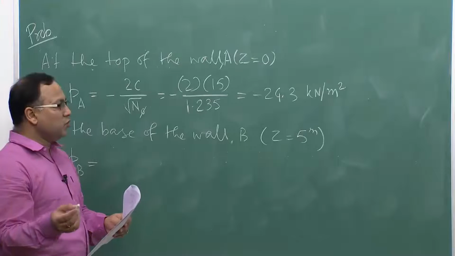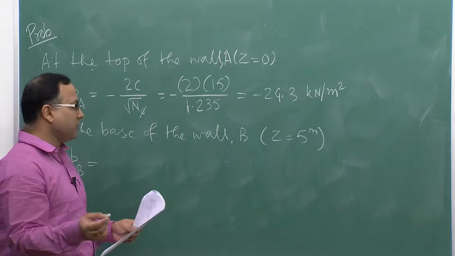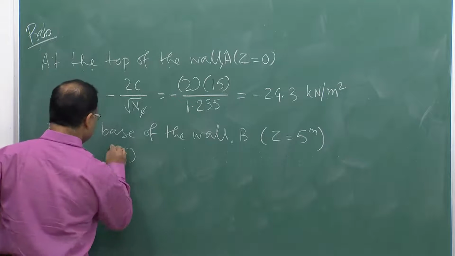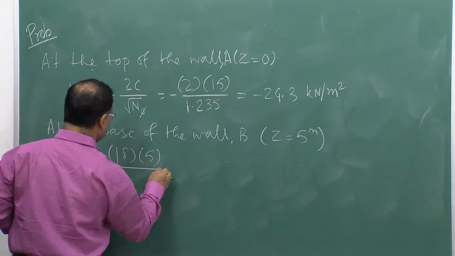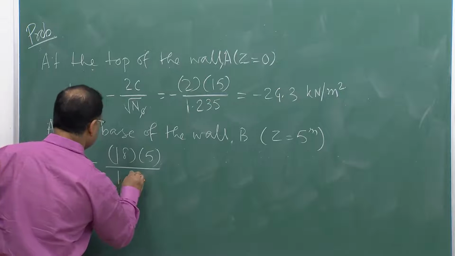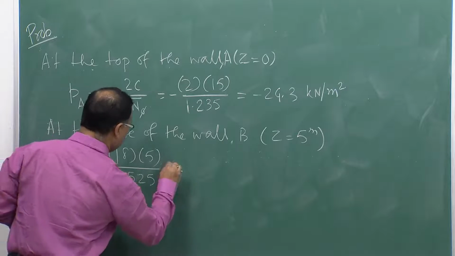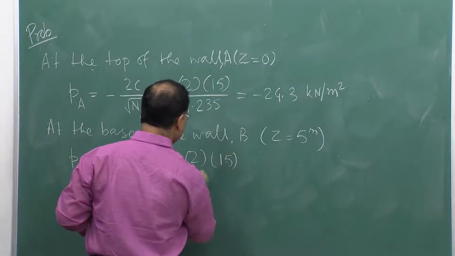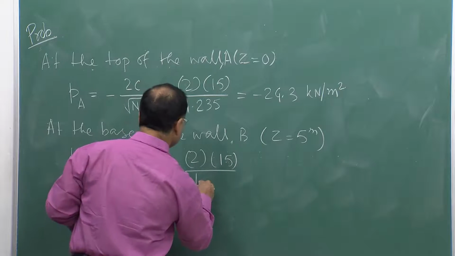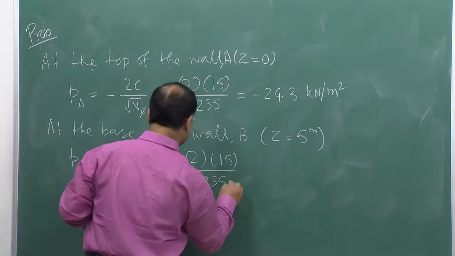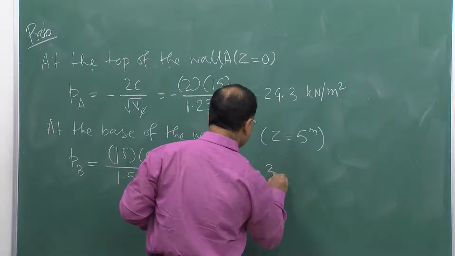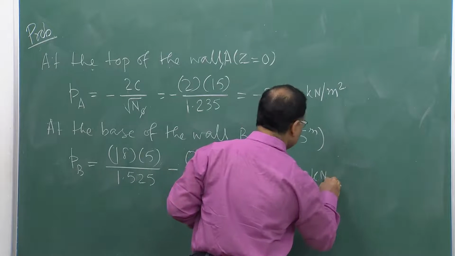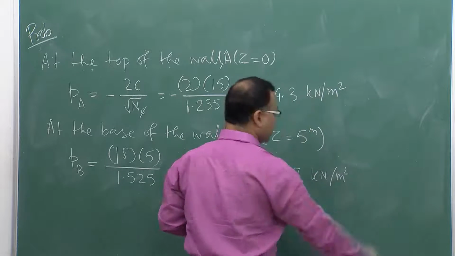So gamma into 5 meter is your Z at the base of the wall. So, 18 into 5 divided by 1.525 minus 2 into 15 divided by 1.235 equal to 34.7 kilonewton per meter square.